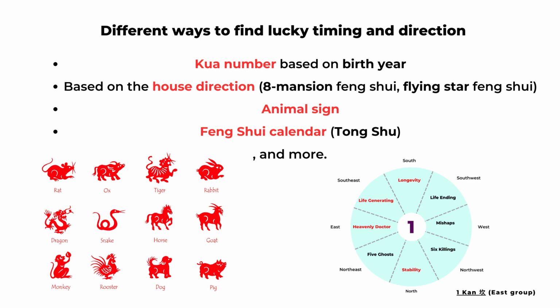Another popular way is to use your animal sign. Based on your compatible animal signs, you can find your lucky direction and your lucky time periods. And there are many other methods based on different theories. But I think the easiest one and the most popular one is to check your Feng Shui calendar.